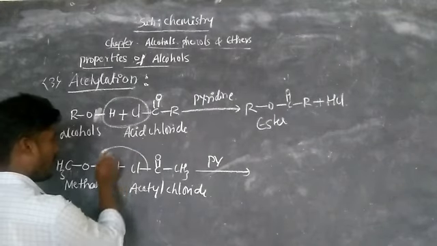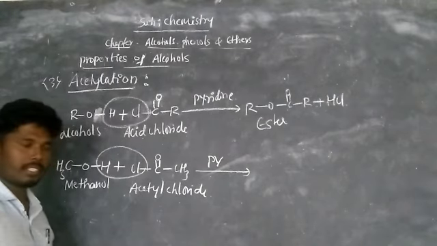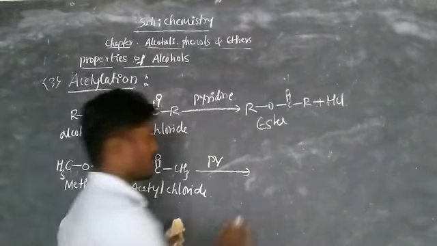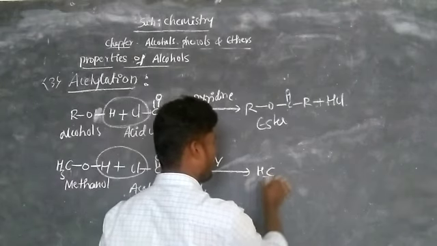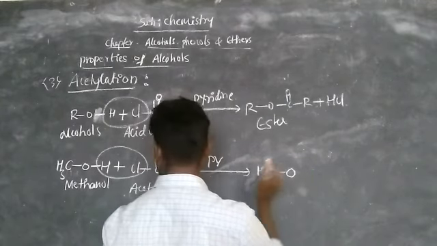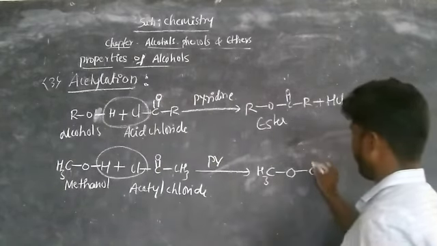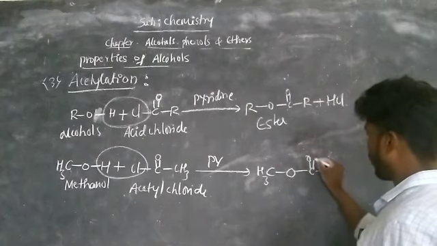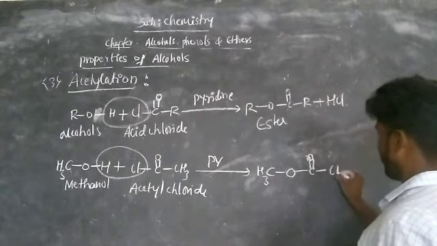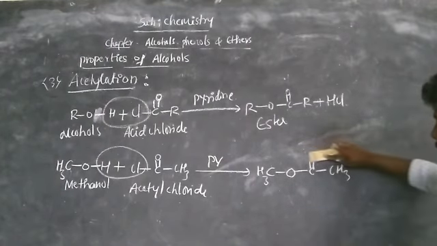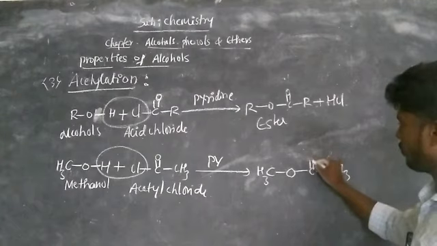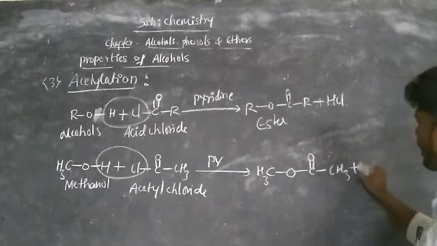Now this Cl and H become HCl, and the remaining is CH3 bond O bond C double bond O bond CH3, plus HCl.